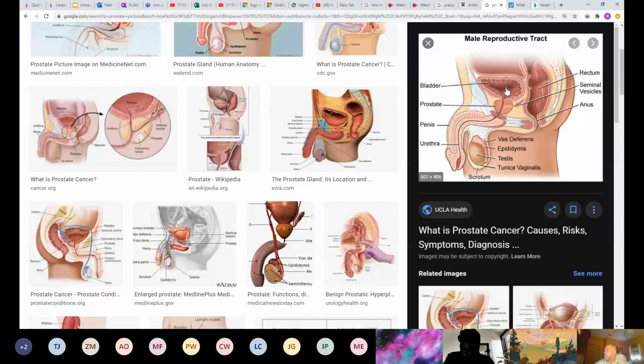So here's the bladder here, and here's the prostate here, right? And so in BPH, which is benign prostatic hypertrophy, hypertrophy meaning the cells of the tissue grow, it gets larger. And so ideally it would be nice if this tissue, when it grew, grew out in this direction.